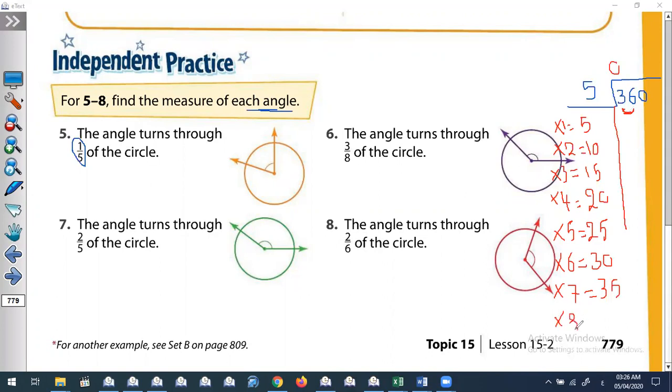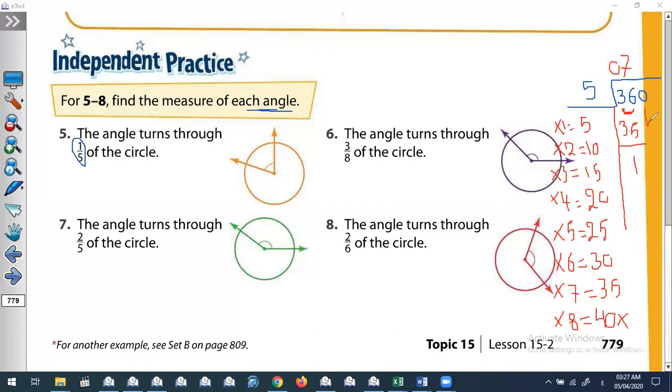Times 8 equals 40. 40 is more than 36, so I can't take 40. So take this number, write 7, down write 35, make subtract. 6 minus 5 is 1. 3 minus 3 is 0.